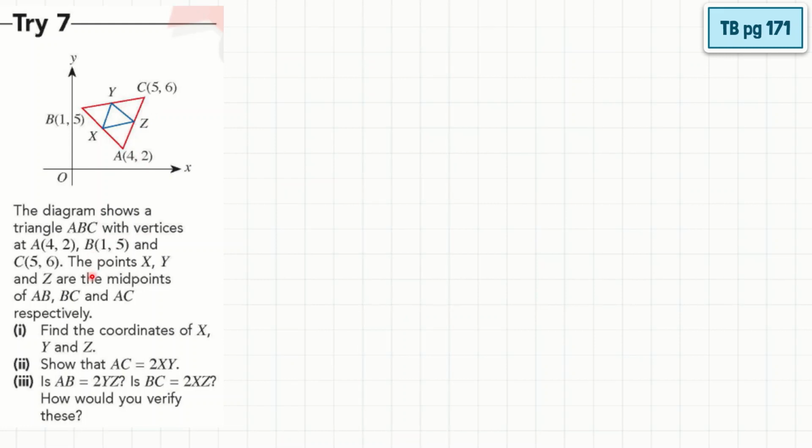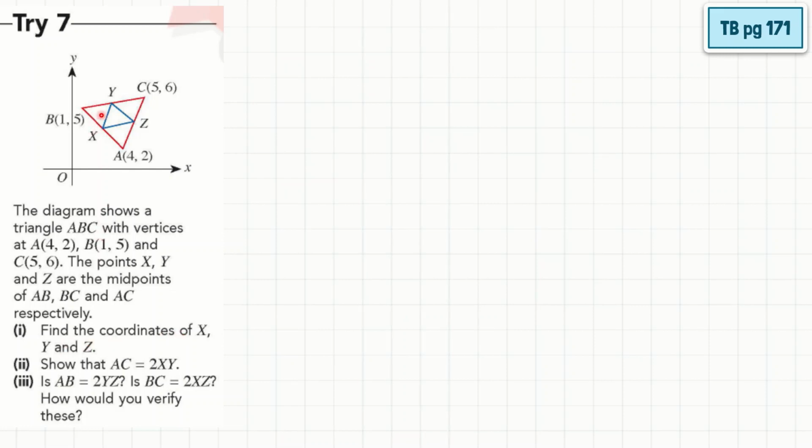The question also says that the points X, Y, and Z are the midpoints of the line segments AB, BC, and AC respectively. So X is the midpoint of AB, Y is over here, the midpoint of BC, and likewise Z is the midpoint of AC. In part I, we want to find the coordinates of X, Y, and Z.